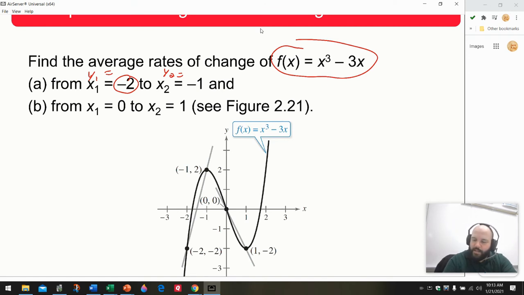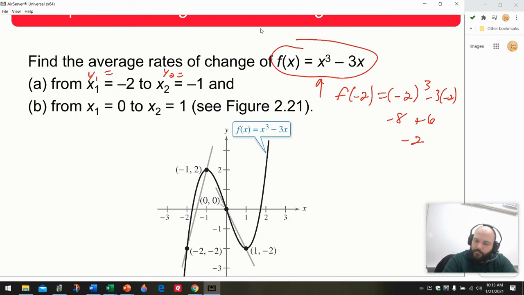So by plugging negative 2 in right here, if I do f of negative 2, I get negative 2 cubed minus 3 times negative 2. So negative 2 cubed is actually negative 8, and then plus 6, which gives me negative 2. So when I plug in negative 2, I get negative 2 back out. So there's my first ordered pair, and you can see it's right there.